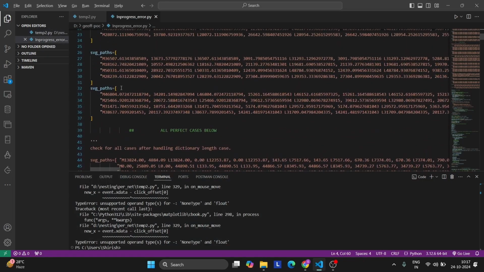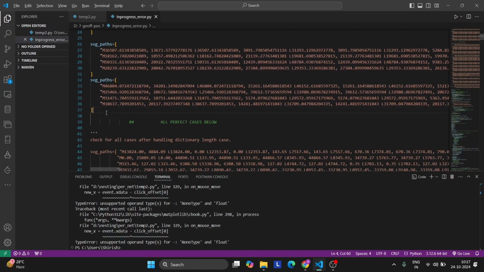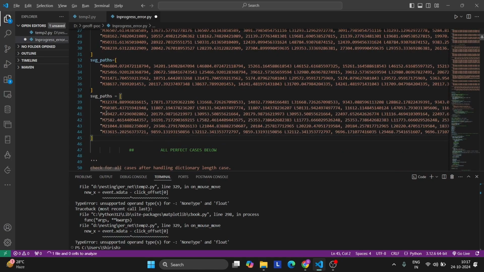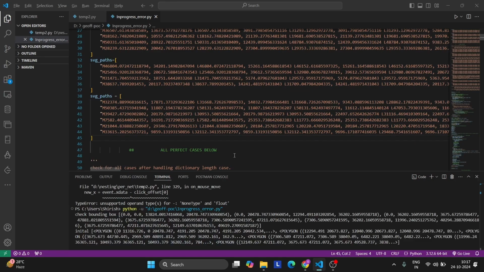So we need to write another algorithm to pack this particular case. We have already packed all the other cases, and for this case we have to make some changes in our algorithm.